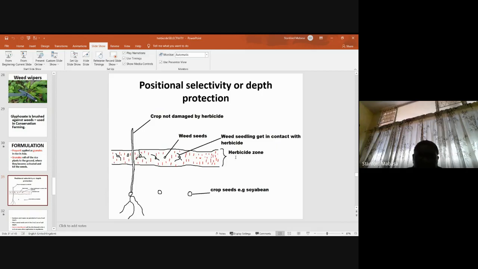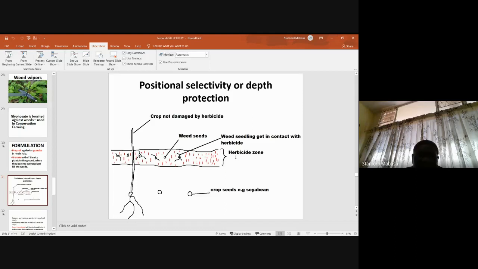Within the 2-centimeter depth of soil, we have weed seeds, and we plant our crop at probably 5 or 6 centimeters. Now, when we apply the pre-emergence herbicide, it is going to affect the first 2 centimeters where the weeds are resident. And the herbicide will now kill the weeds.